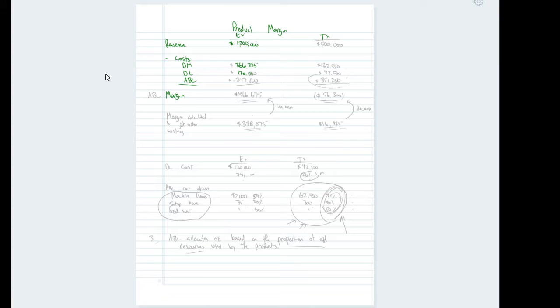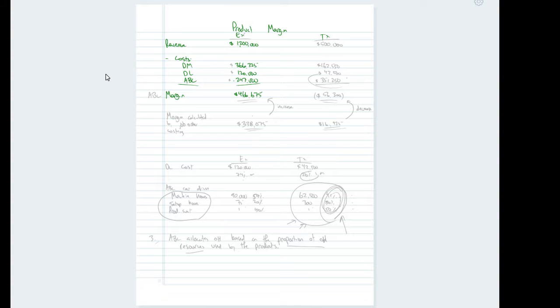And the ABC cost is the $247,000 that we calculated at the bottom of the last page. And so if we subtract all of those costs, $1.2 million minus our direct material, direct labor, and ABC cost, our product margin is $466,675. And I'll label this the ABC margin because it's the margin we calculate using the ABC approach.